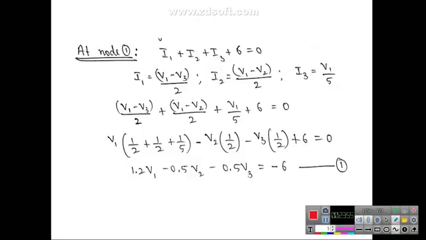If you write the nodal equation corresponding to node A, I1 plus I2 plus I3 plus 6 is equal to 0. If you write the equations for the currents I1, I2 and I3 and substitute these expressions in this equation, then you can expand and simplify. You will get the nodal equation corresponding to node 1.